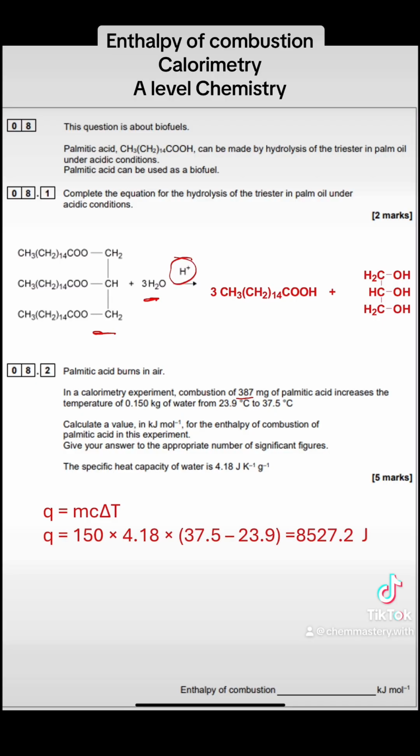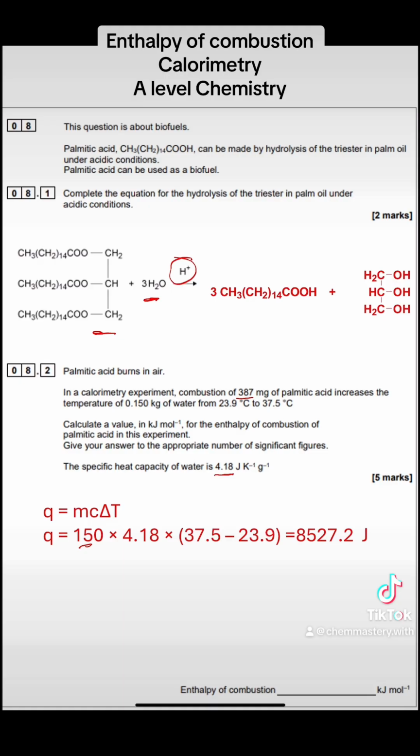So now we need to change the mass of water from kilograms to grams, so 150 grams, and the specific heat capacity of water is 4.18 joules per Kelvin per gram, and the difference in the temperature is 37.5 minus 23.9.